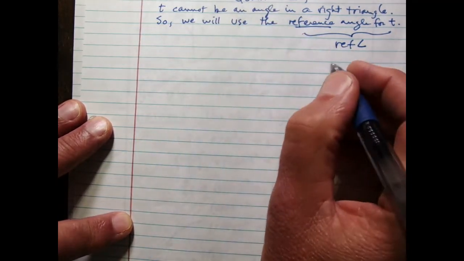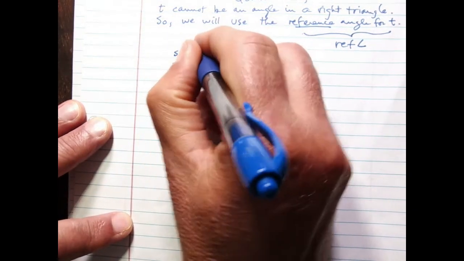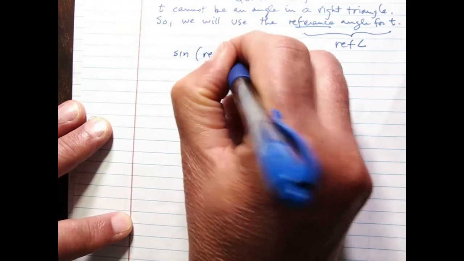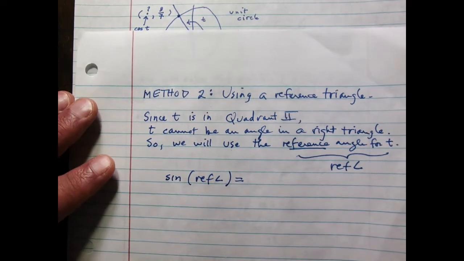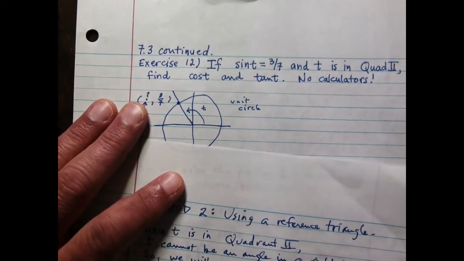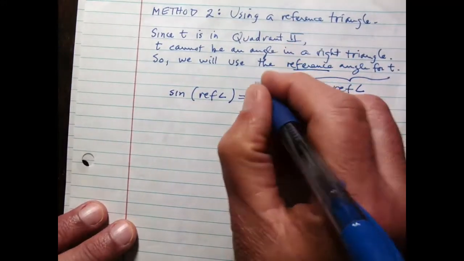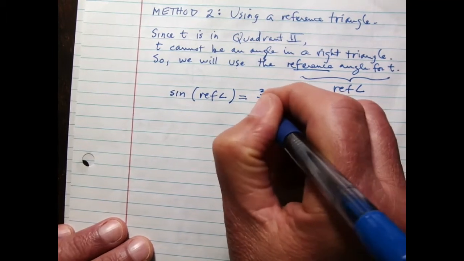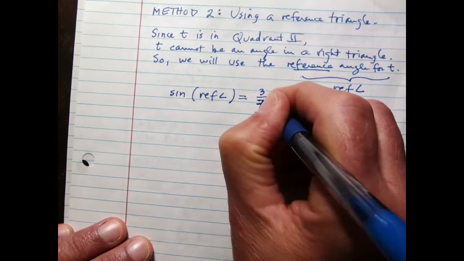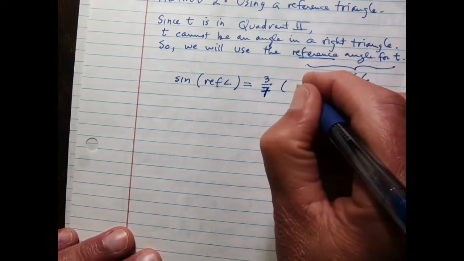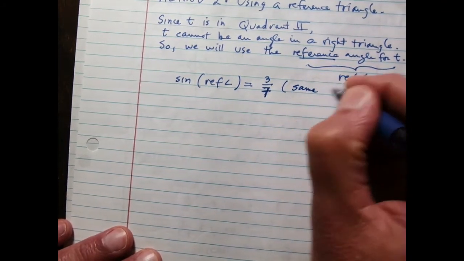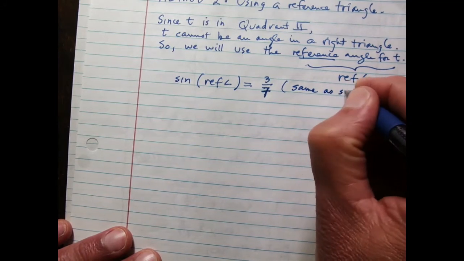So the sine of the reference angle is also going to be 3/7, right? We were told that the sine of our angle is 3/7. And the sine of the reference angle is always positive, so it would also be positive 3/7. Same as sine t.